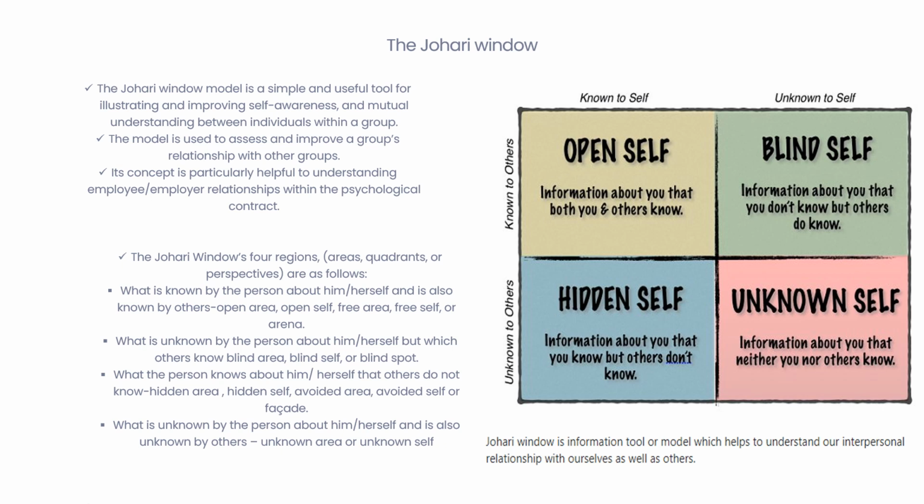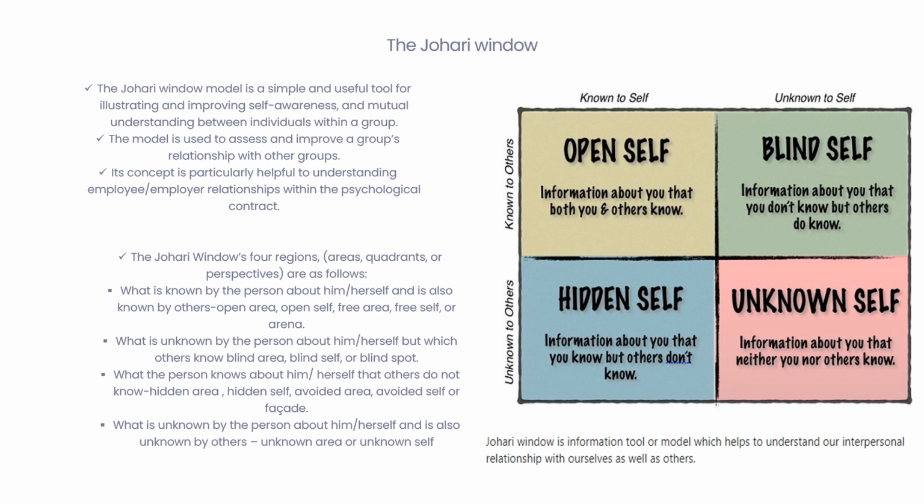Now let's go to the table. The Johari window is an information tool or model which helps to understand our interpersonal relationship with ourselves as well as others. Team spirit, team management, that is the Johari window.